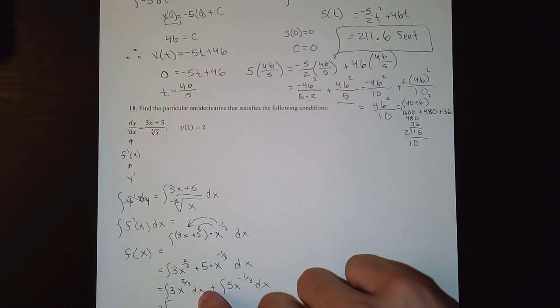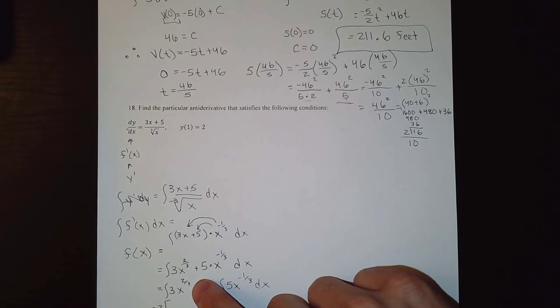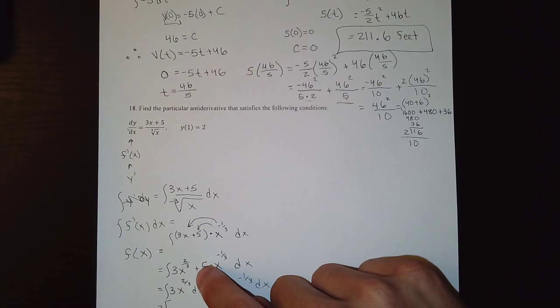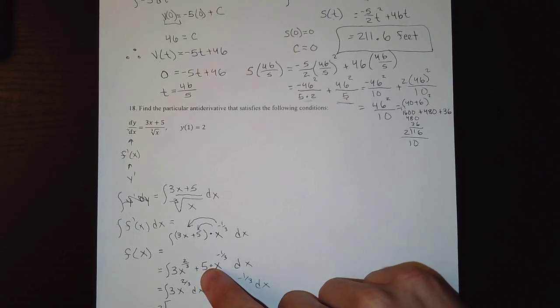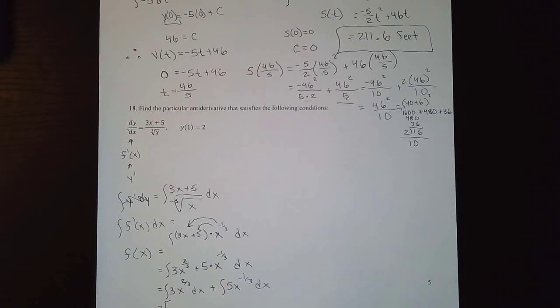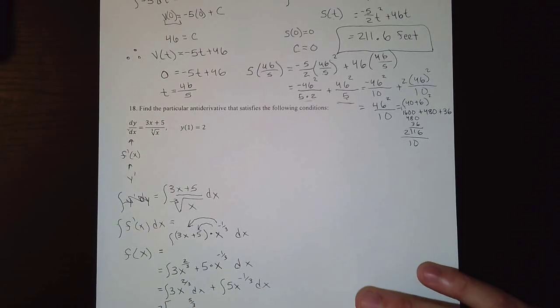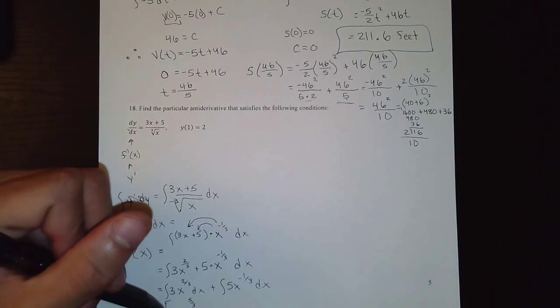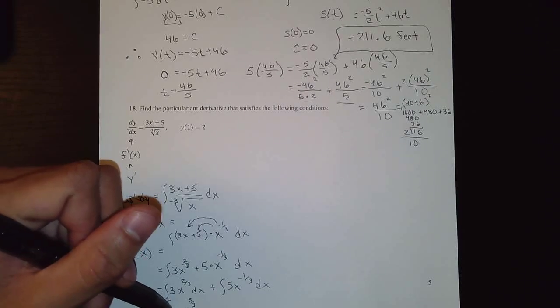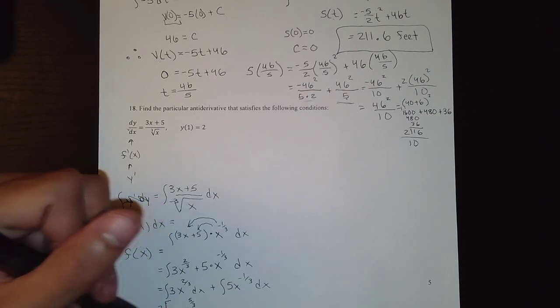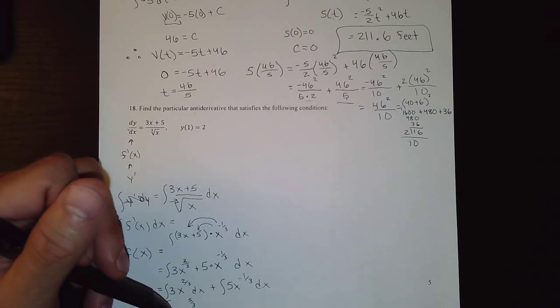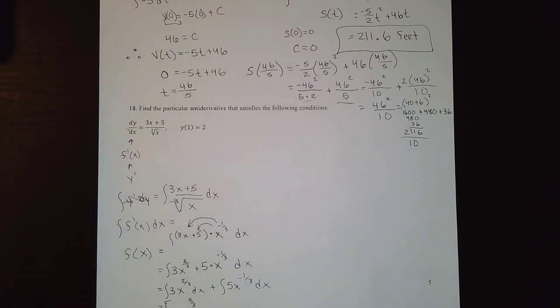So the rule says we add 1 to the power. So 2/3 plus 1, that's like 2/3 plus 3/3. And then now we can add the numerators, and we get 5/3. So our new power is x to the 5/3. And now we have to divide that. So it's 1 divided by 5 divided by 3. I'm sorry, I don't think you can see my screen that low.